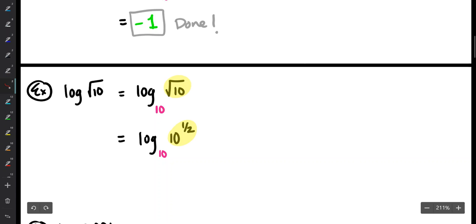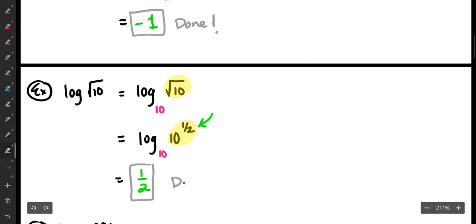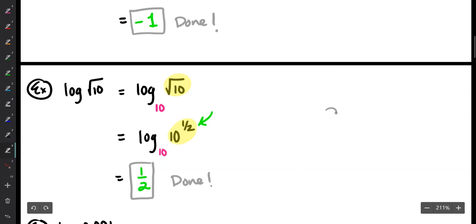I'm gobbling up a perfect power of the base, a perfect power of 10, and I'm spitting out the exponent. Answer, 1/2. Done. If you want to write the equivalent exponential statement, you're more than welcome to do so.